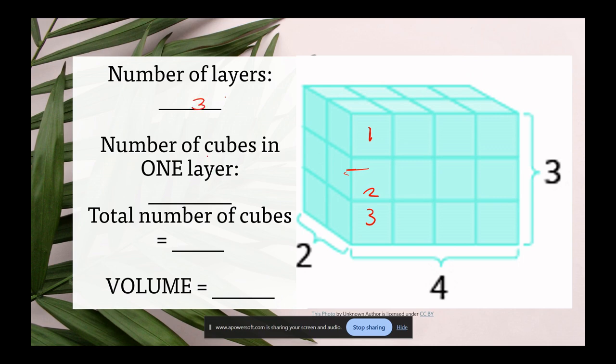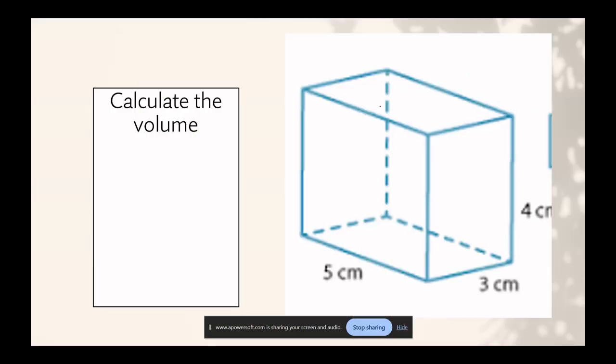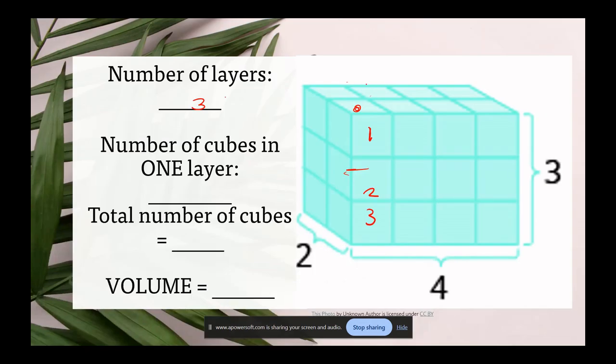How many cubes do we find in one layer? So let's look at the top and let's count. One, two, three, four, five, six, seven, eight. So I have 8 cubes in one layer.